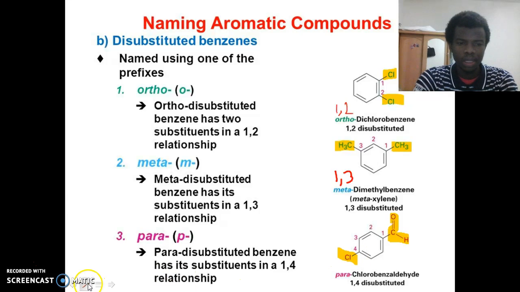Again, we can also name this compound as 1,4-chlorobenzaldehyde. It's all the same, or you can say para chlorobenzaldehyde. It's all the same.